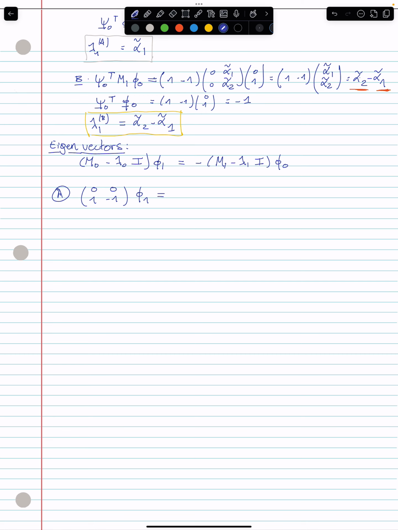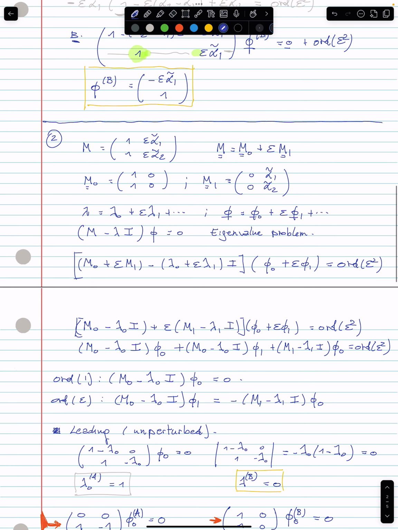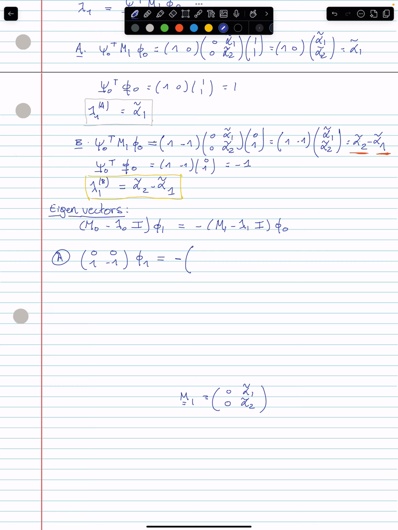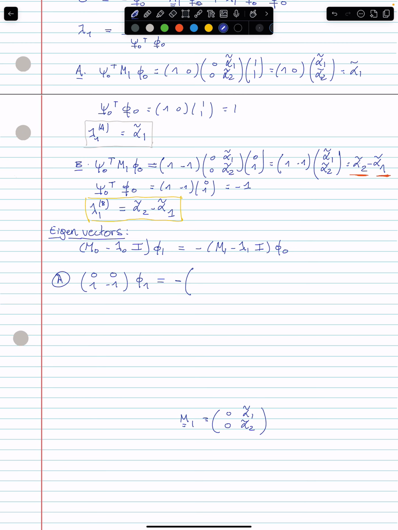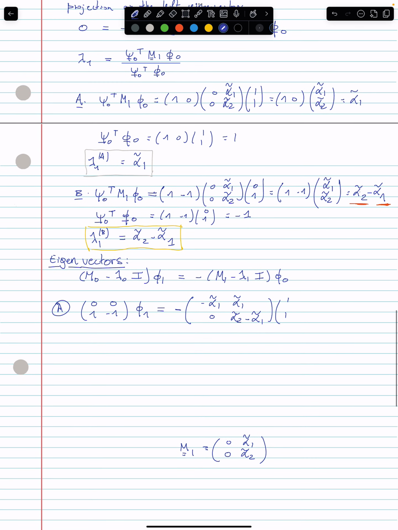And this is equal to minus M1, which is this here, multiplied by lambda 1 times I, and lambda 1 is lambda 1a, so we have minus alpha 1, alpha 1, alpha 2 minus alpha 1, and 0, and this should be multiplied by phi 0, which is 1, 1, phi 0a.